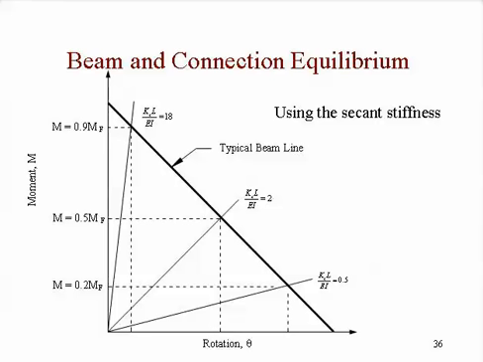If you take that straight line up to 90% of the fixed end moment, what you find is that if Ks is the secant stiffness of the connection, in other words, no matter how the curve goes, that's the point we're at for equilibrium, then the relationship Ks times L over EI equals 18.